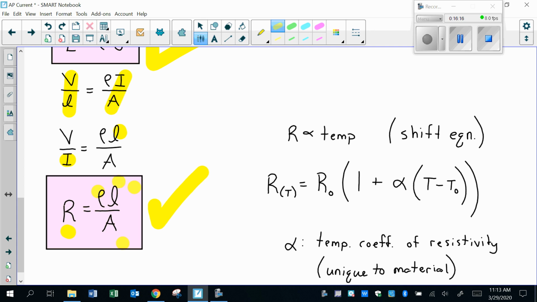Length is the same thing. The longer it is, the more pinballing is going to happen, the more collisions your charges are going to have, and so the longer it is, the more resistance you're going to have. If you've ever had one of those crazy bendy straws with all the loops and twists and curls, next time take a mental note of how hard it is to draw fluid through it.